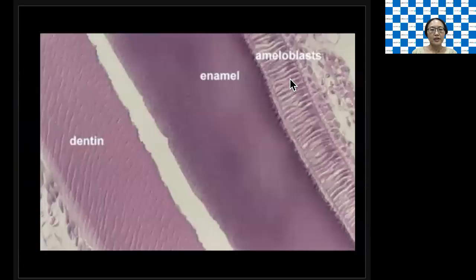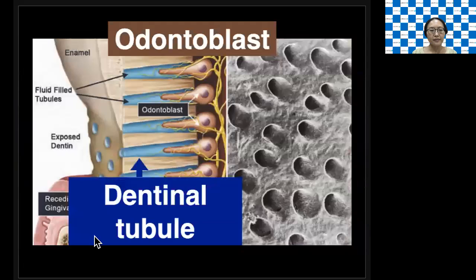Okay, so let's see more detail about the histology of the enamel and dentine. Can you see there are some lines in the dentine? These lines are the dentinal tubules. The dentinal tubules are small, hollow, microscopic channels that travel from the inside of the tooth, from the pulp, out through the dentine, ending just beneath the enamel.